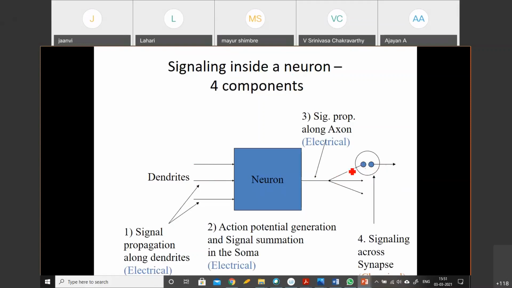Note that among these four components, the first three are electrical signals. The synaptic processing is an electrical process. The summation of the signal in a neuron and generation of the action potential is also an electrical process. Signal propagation along the axon is also an electrical process. But the fourth step, where a signal goes from one neuron to another, is a chemical step because it involves release of a chemical, and this is called neurotransmission.